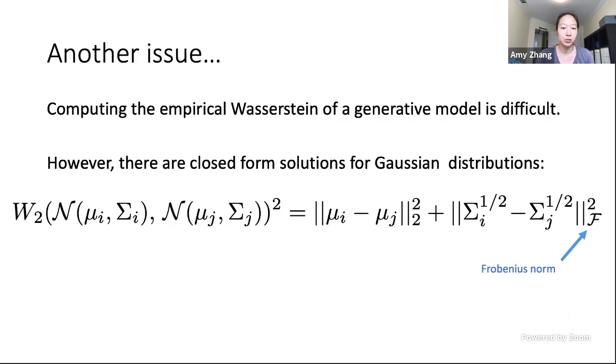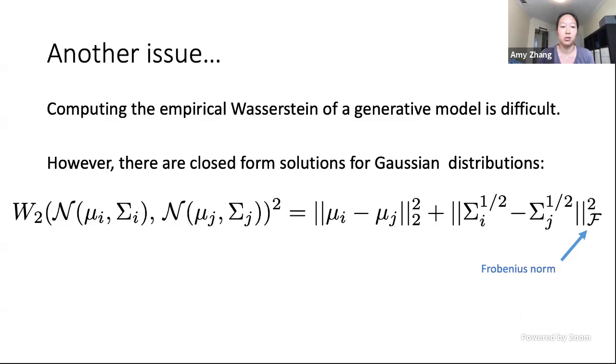So another issue is that this requires that we have access to the generative model, like the actual next state distribution under our MDP. And so we can get around this by just learning a generative model of the environment. But computing the empirical Wasserstein of a generative model is also difficult.